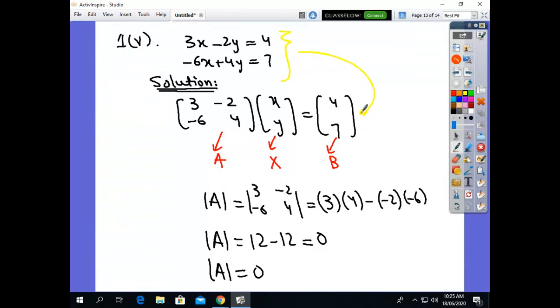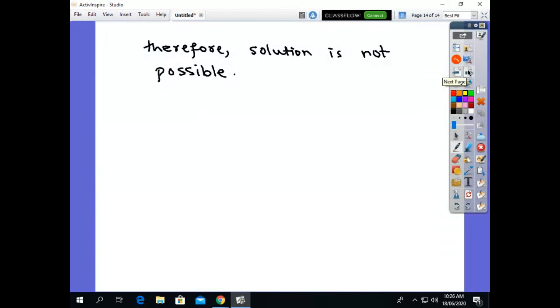After this, we find the determinant of A. We see that the determinant of A becomes 0. That's why a solution does not exist. Therefore, the solution is not possible, which is the required answer.